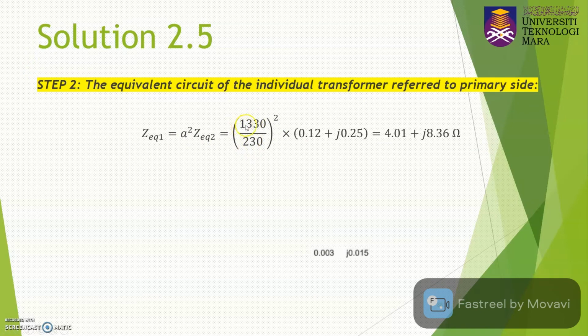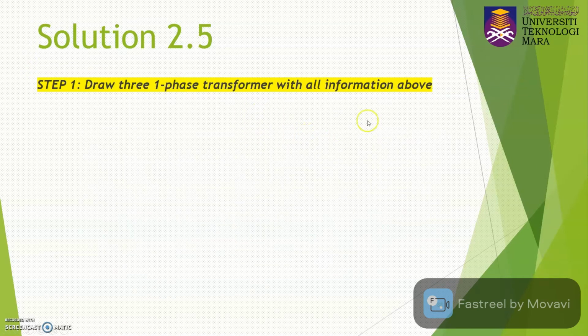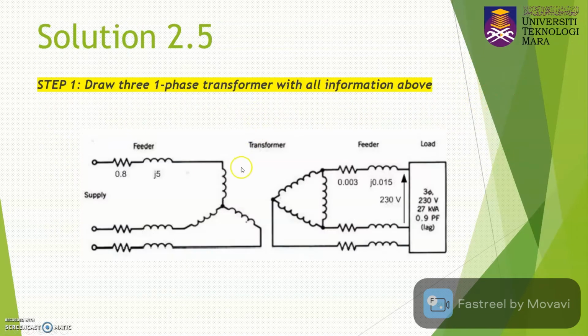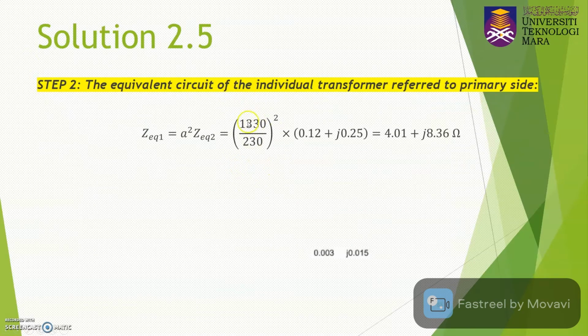V1 is 1330 and V2 is 230. So the transformation ratio is given by 1330 divided by 230. Then A squared is multiplied with Z equivalent 2, which is the equivalent impedance referred to the secondary side. So you get the value of the equivalent circuit impedance referred to the primary side.